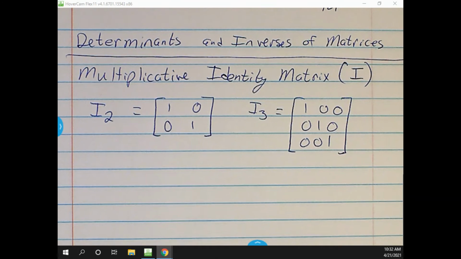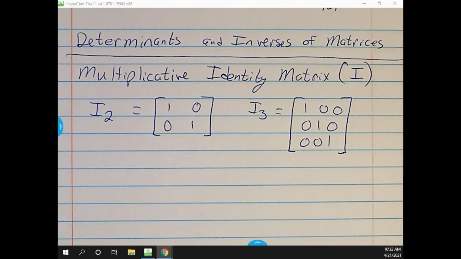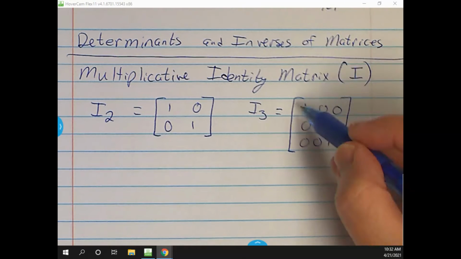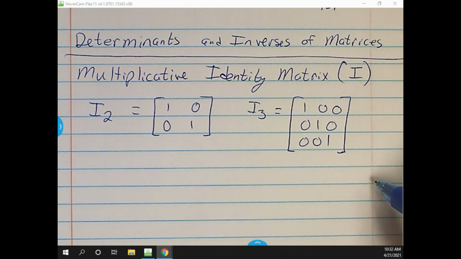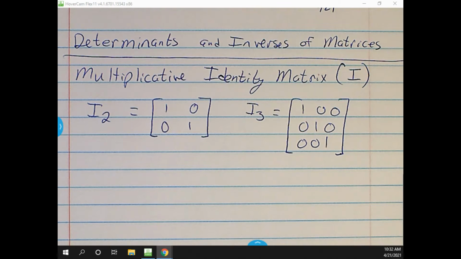You could go out to a 4x4 or a 5x5, but that just gets too big, and we're not going to do anything that big. If we expanded to a 4x4, you'd have ones on the diagonal, and everything else around it would be zeros. So that's what the identity matrix, or multiplicative identity matrix, looks like.